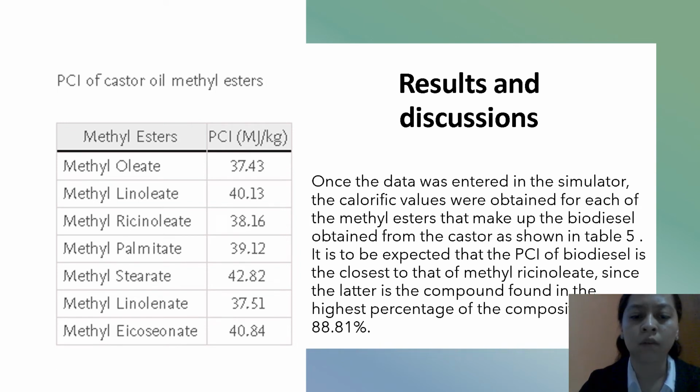In table 5, it is to be expected that the PCI of biodiesel is close to that of methyl ricinoleate, since the latter is the compound in the highest percent of combustion.